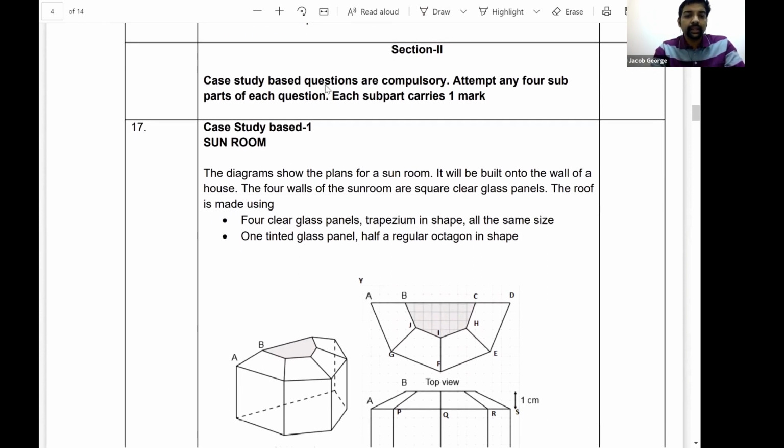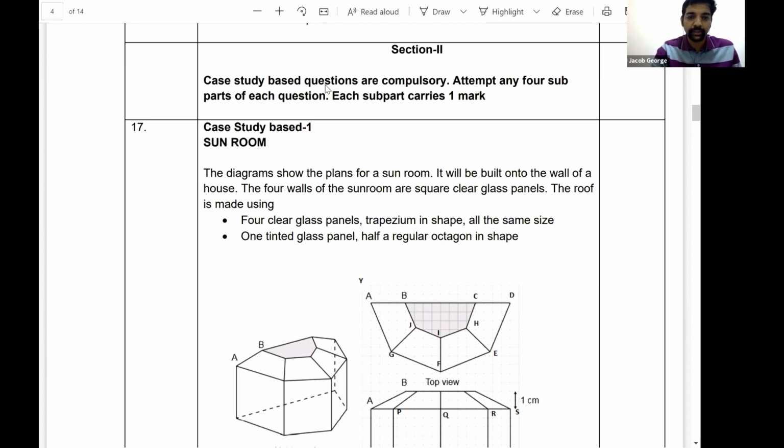The diagrams show the plans for a sunroom built into a wall of a house. The 4 walls of the sunroom are square, clear glass panels. The roof is made using 4 clear glass panels, trapezium in shape, all the same size, and 1 tinted glass panel, half a regular octagon in shape.